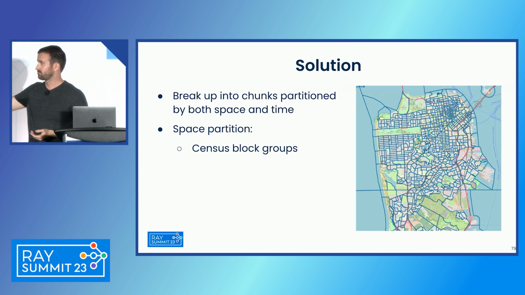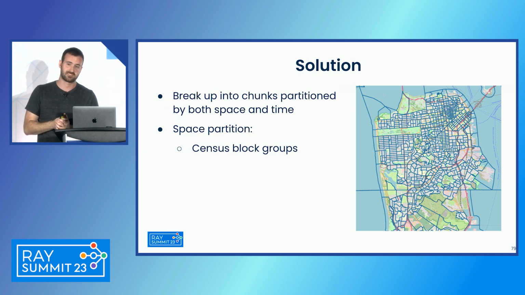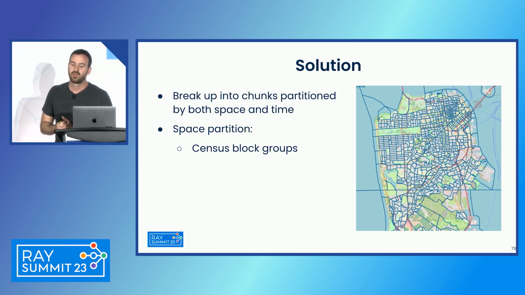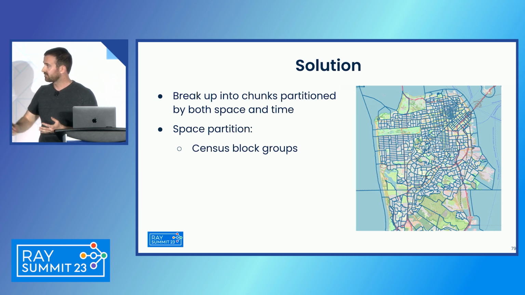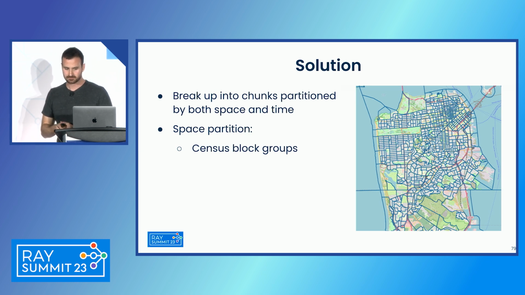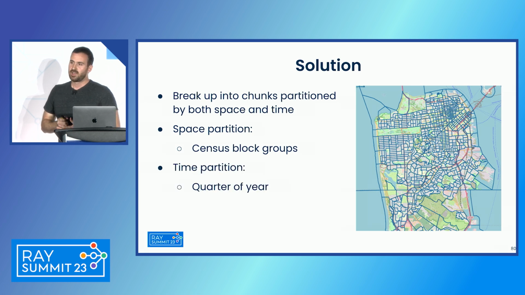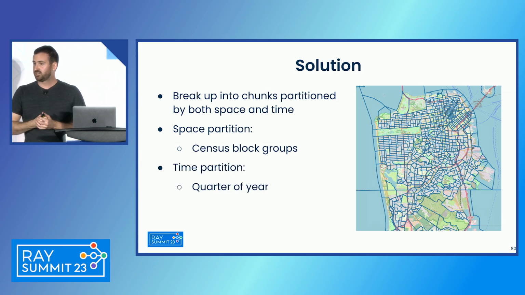And you can see in this map of San Francisco, this shows what the census block groups look like there. And you can see that it's adjusted for density, with the block groups being much smaller in some of the more densely populated regions. And for our time partition, we use the quarter of the year.